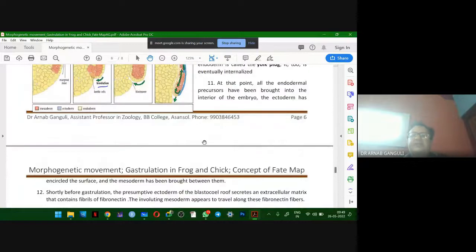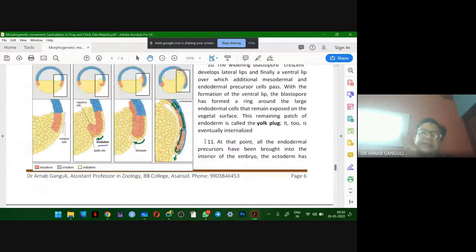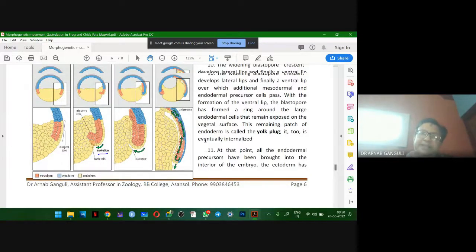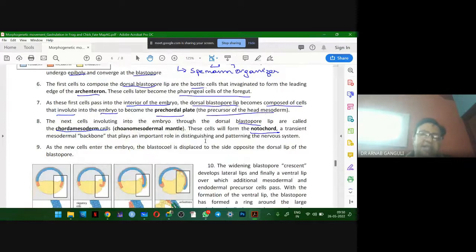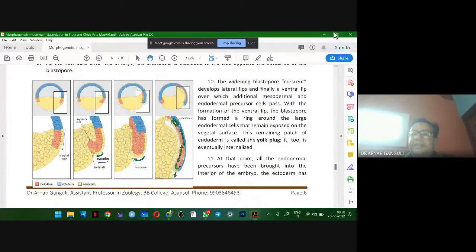Chief, let us not disturb ourselves. I will go through this picture once more in detail. Once this is memorized, you can go to the other minor details. Especially the widening blastopore crescent develops lateral lips, side lips are formed, going inward.